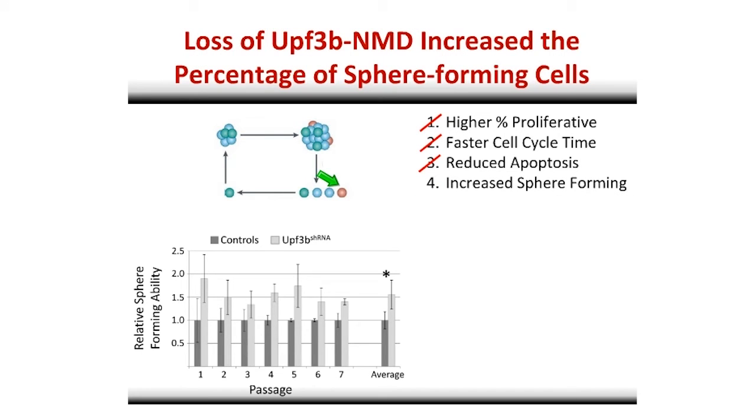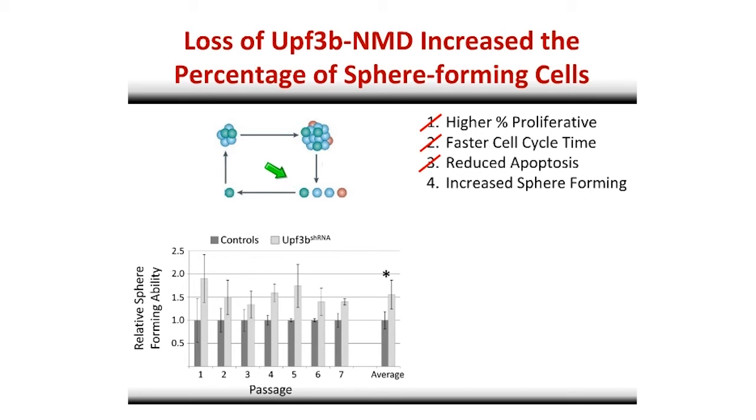So just to show you that data, as I mentioned before, only a really rare population of cells in these neurospheres can actually reform a sphere. And so when you plate out a set number of cells, say 1 million cells, and then you ask how many spheres are formed, the number of spheres that form is actually a direct readout of the number of stem cells that you plated out.